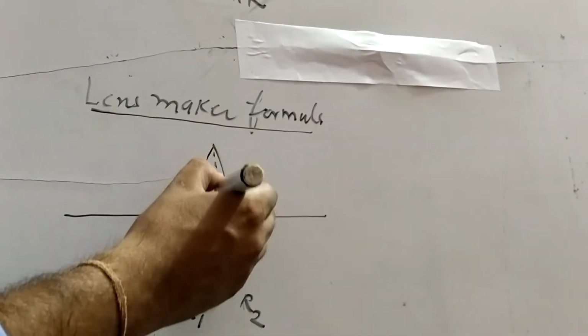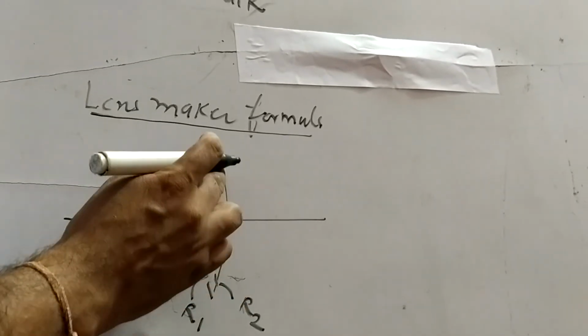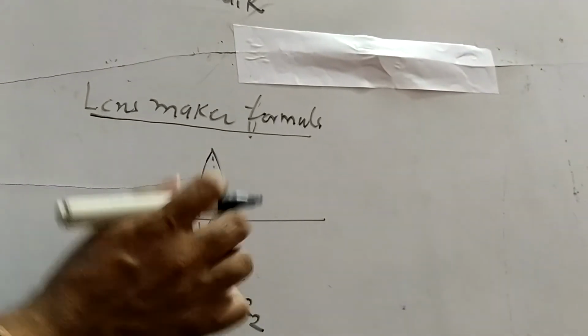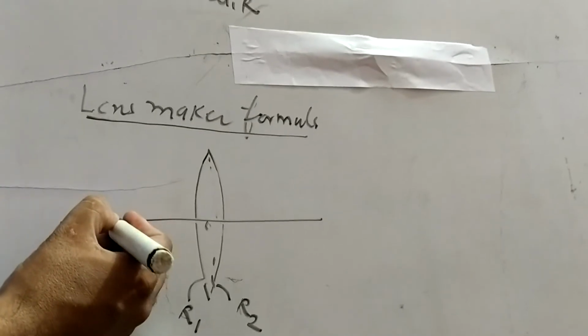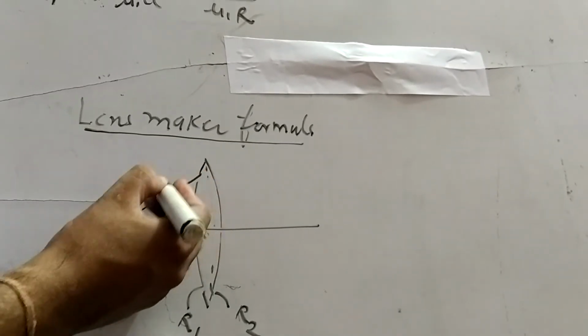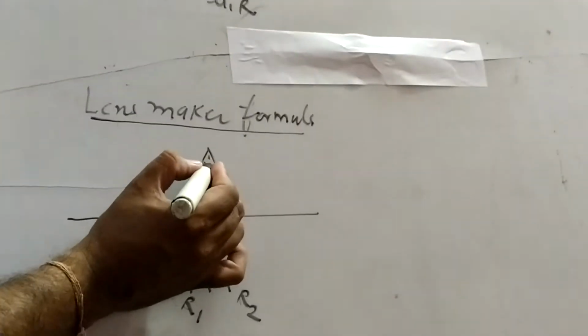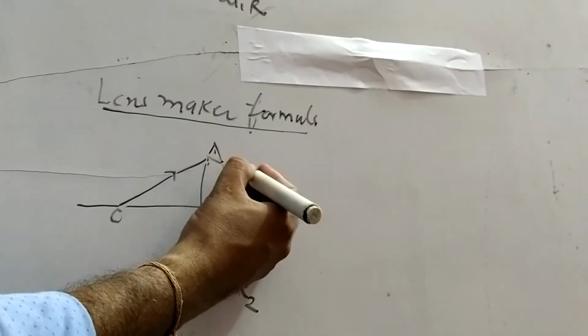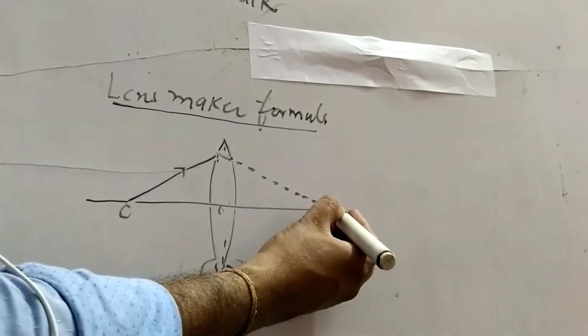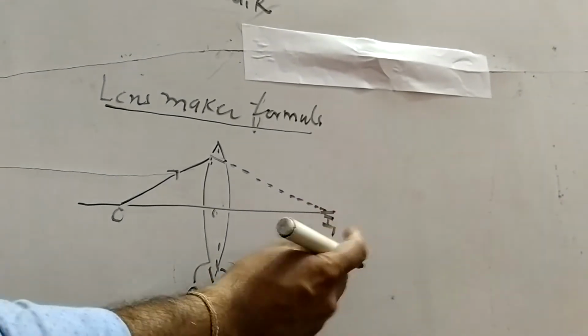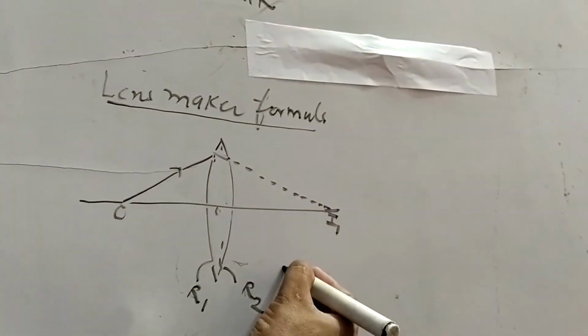Now you can remove this first. This is the object, and the ray reaches the first surface. If there is no second surface, the ray will reach I1. So I1 is the virtual image of the object at a distance V1.